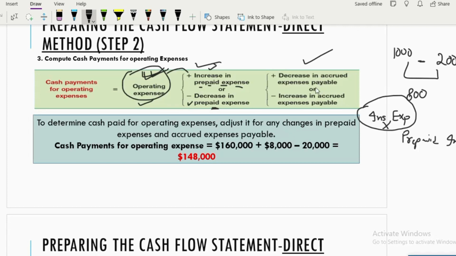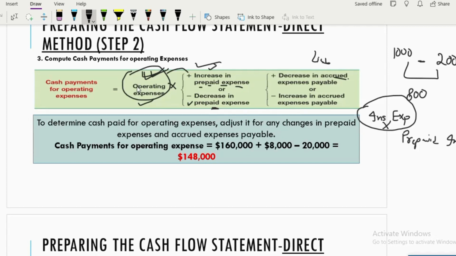Okay, then comes the accrued expenses. Accrued expenses means expenses payable. So they said accrued expenses are relevant to the operating expenses. It means that if the current year accrued expenses are increasing, we have not paid some of the operating expenses, that's why our accrued expenses are increasing. Let me just explain this point again. Accrued expenses are liabilities, right?